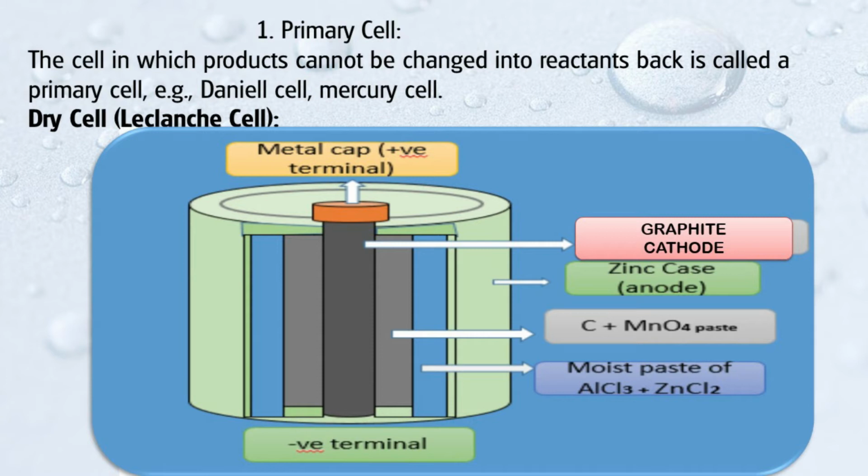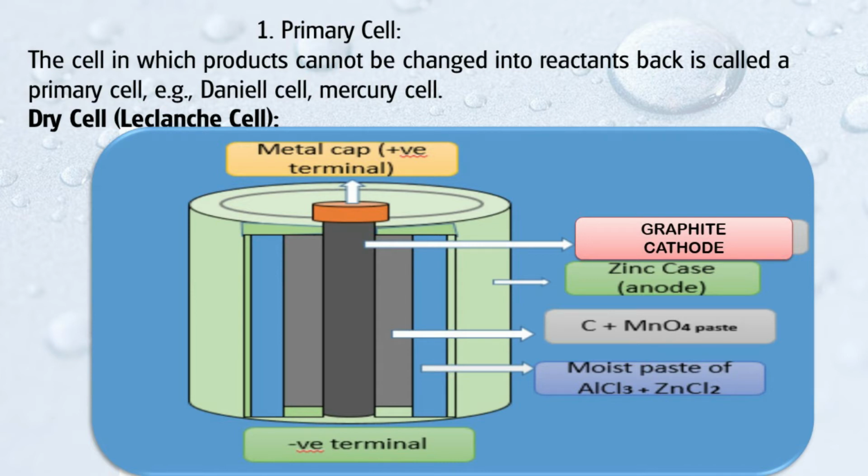Now let us understand the working principle of dry cell. Dry cell is basically a Leclanché cell, which consists of a zinc container which acts as a negative electrode. Cathode is made up of graphite rod, which is the positive electrode.